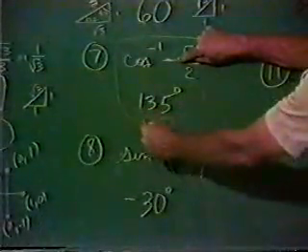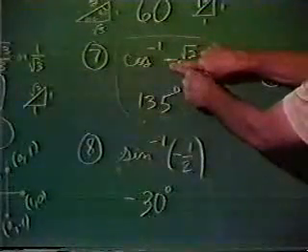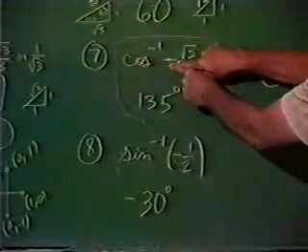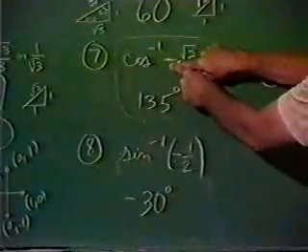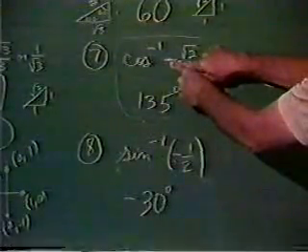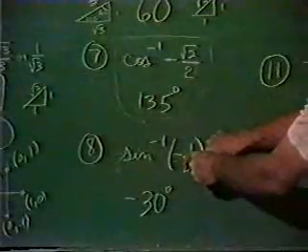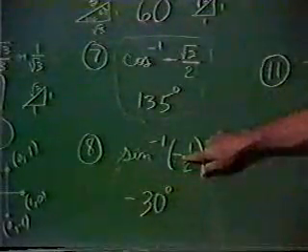Here we had a minus in the problem, but not a minus in the answer. The minus, again, is the quadrant. Cosine, we use quadrant 1 and 2. If it's minus, we use quadrant 2. Sine, we use quadrant 1 and 4. And minus 30 degrees is in quadrant 4.